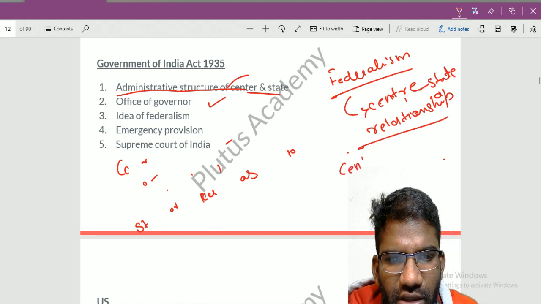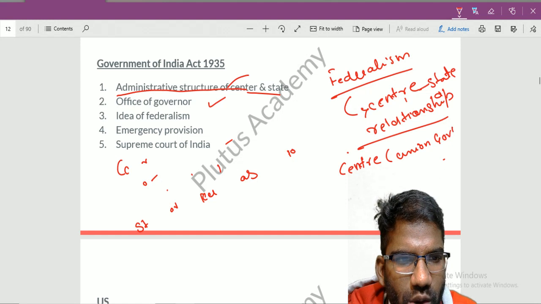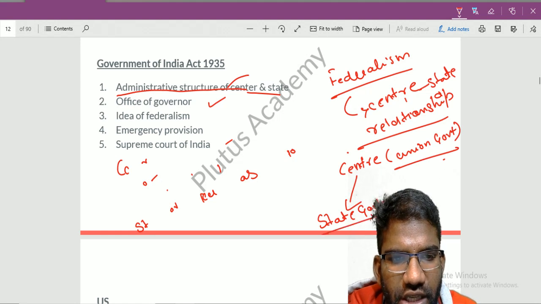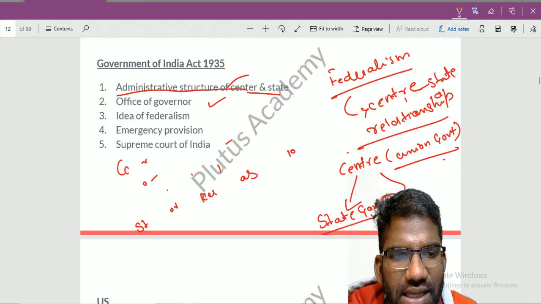There is a center, that is the union government, and we have various state governments.